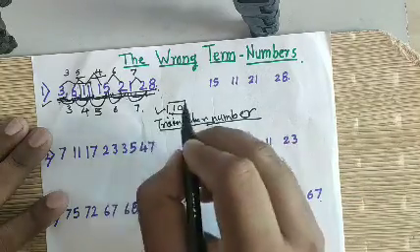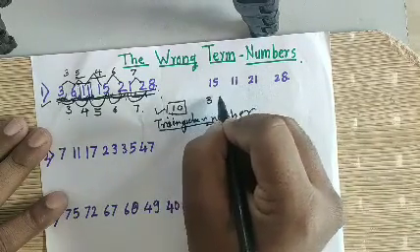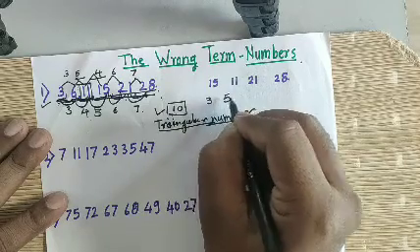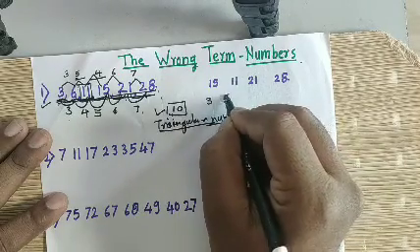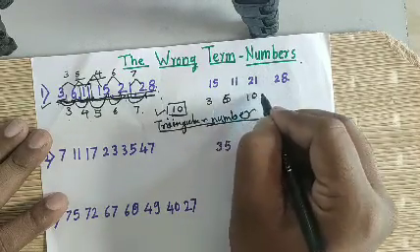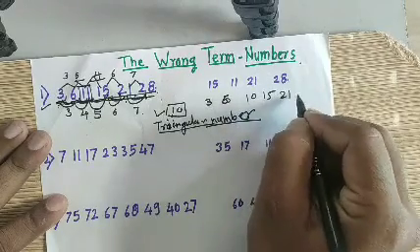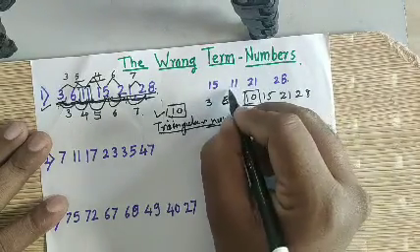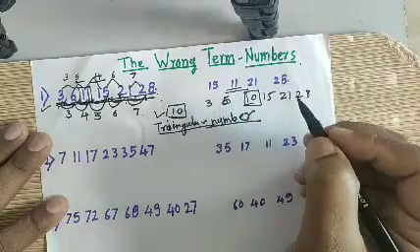So the numbers are 3, 6, 10, 15, 21 and 28. So the wrong term is 11.